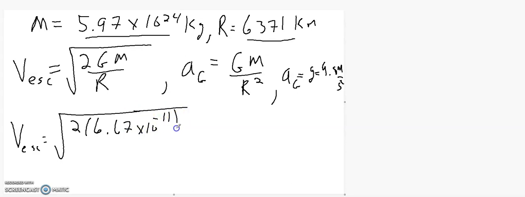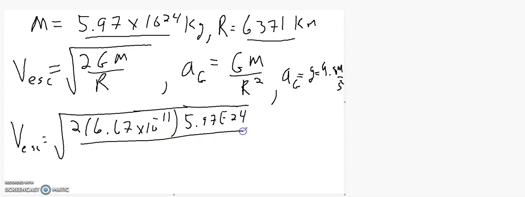Then this is the part where you look up your mass. Make sure your mass is in kilograms. This would be 5.97 times 10 to the 24th. You can write it this way as well: 5.97 capital E 24. That's just another way of writing it, and that's perfectly fine. And then we divide by the radius.